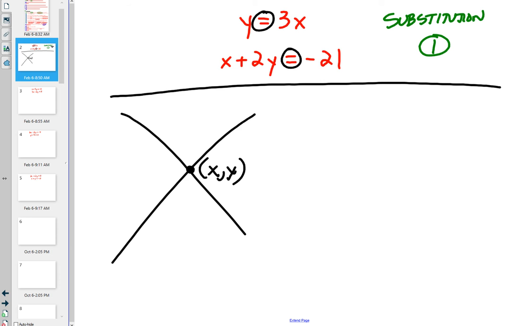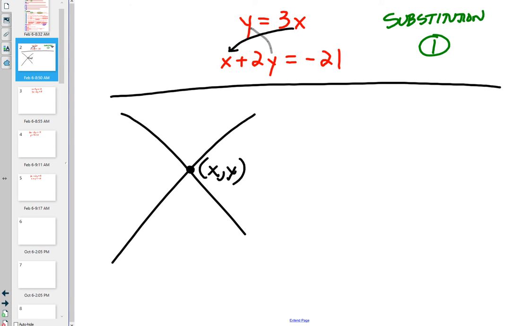The bottom equation says that x plus 2y is the same as negative 21. But I am also looking for any place where this x is the same as that x, and where this y is the same as that y, because that would have to be true if they intersect.